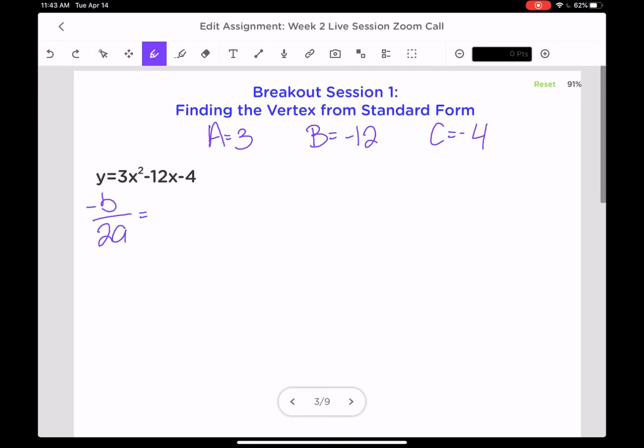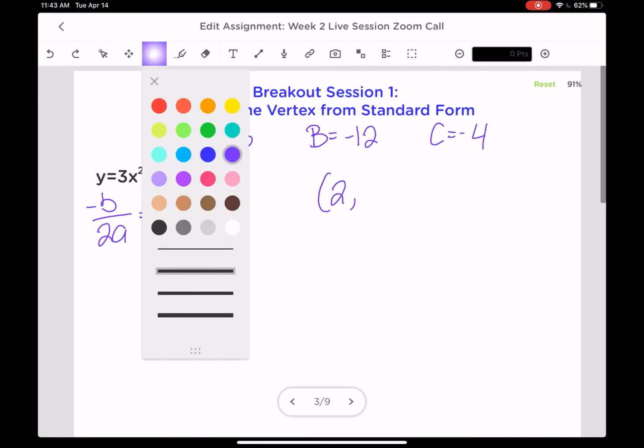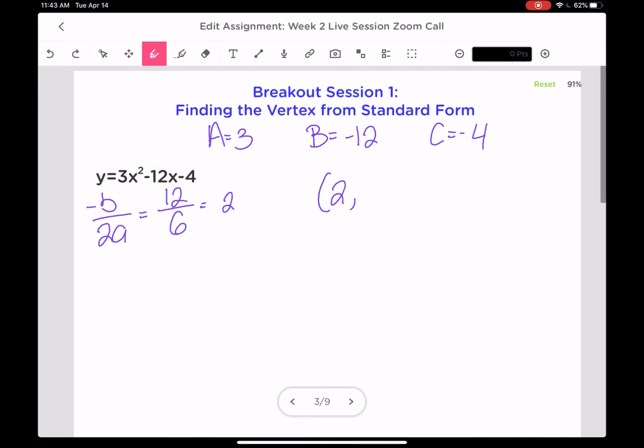In this case, b is negative 12, so negative b would be positive 12. And 2 times a, and a is 3, so 2 times 3 is 6. 12 divided by 6 gives me positive 2.